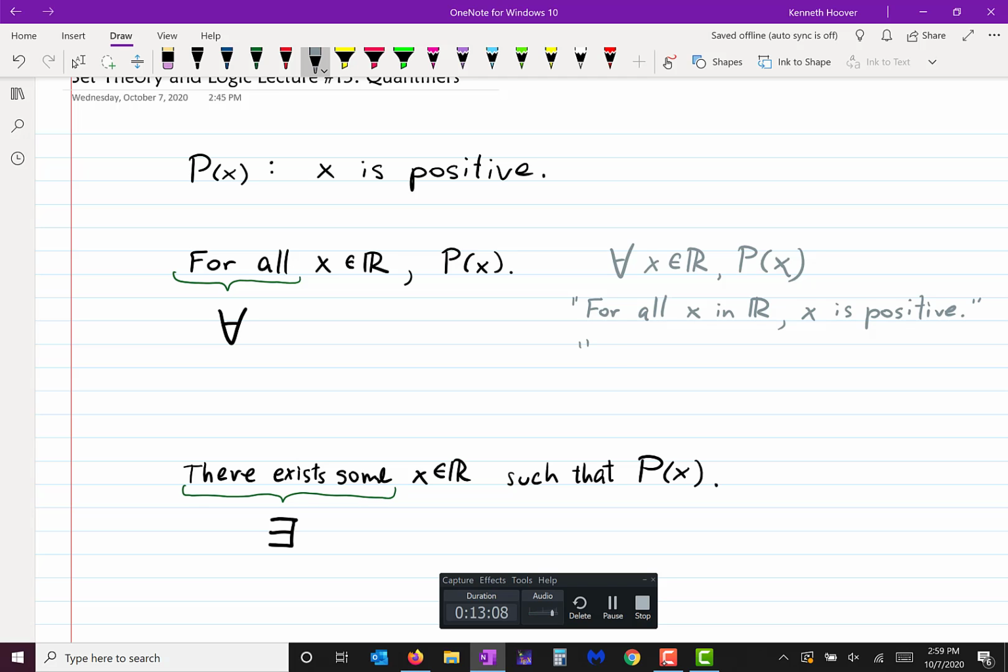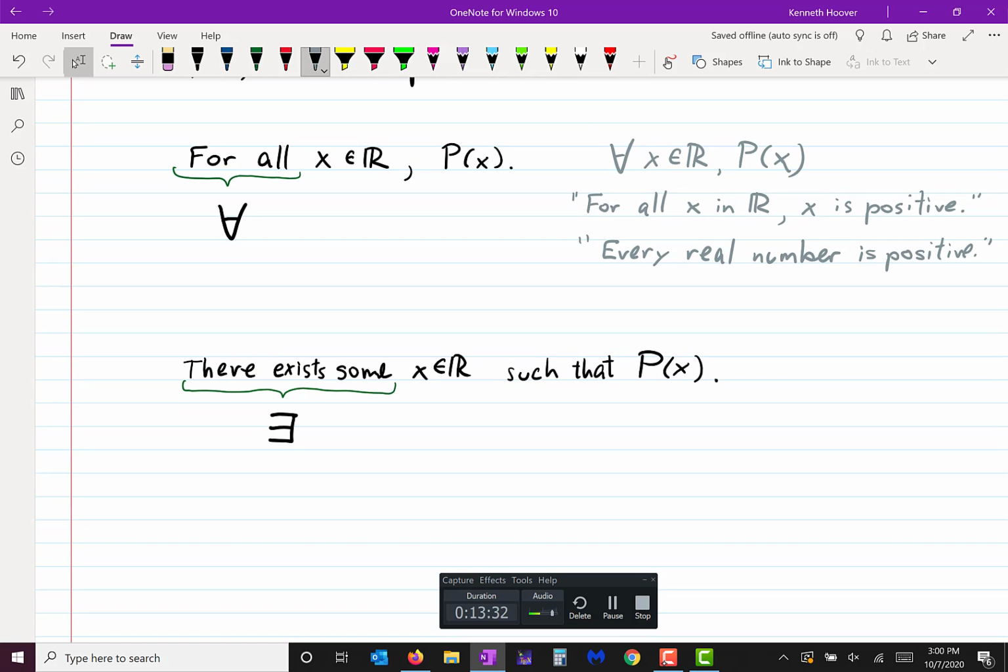Or every real number is positive. Okay? And that is a universally quantified statement. That is false. Okay, this one down here, this existentially quantified statement, I would write like this.